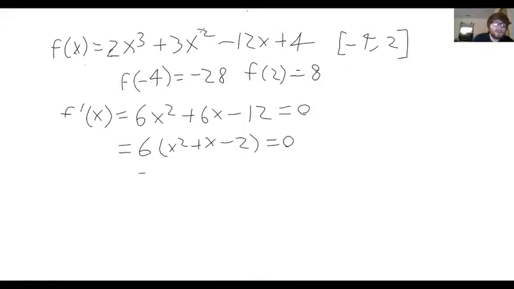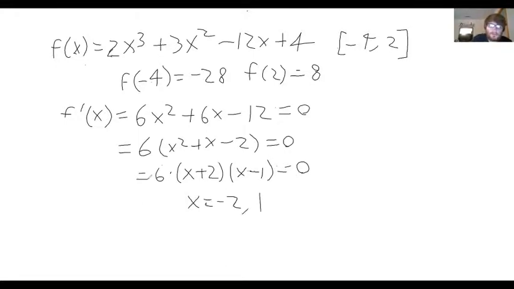We see that this is just going to be 6 times x plus 2 times x minus 1 equals 0. And that is just going to be x equals negative 2 and 1. And those are going to be our critical values.